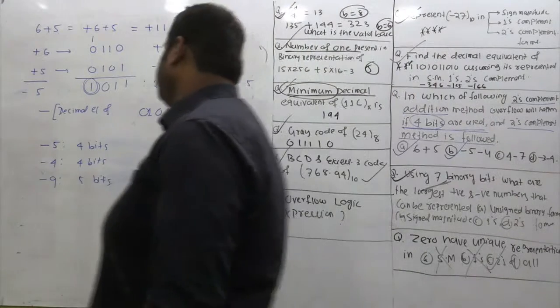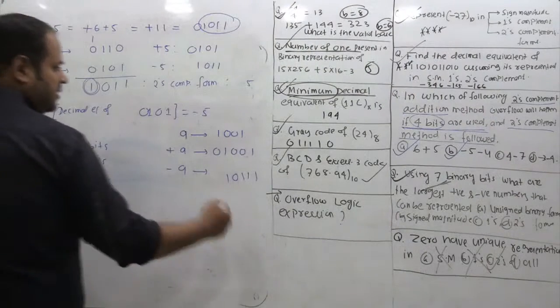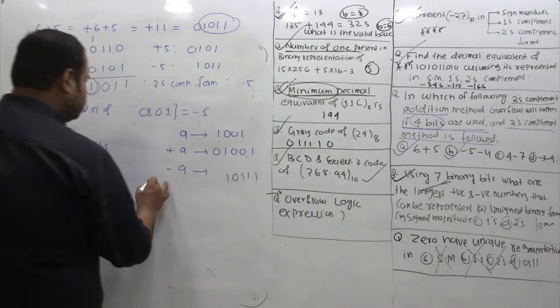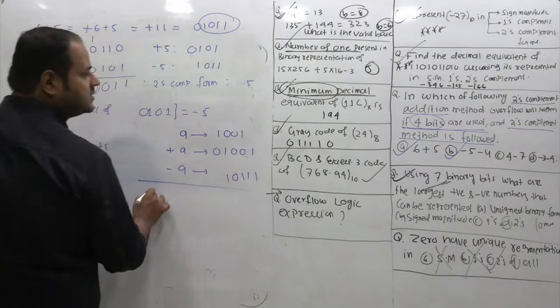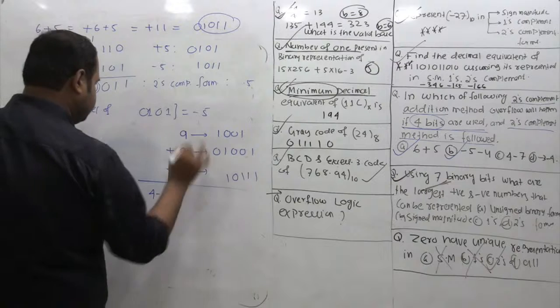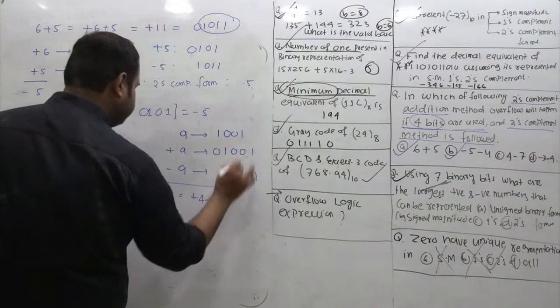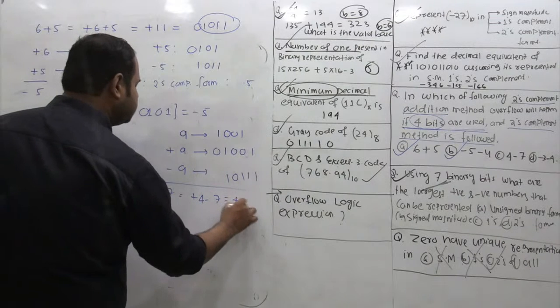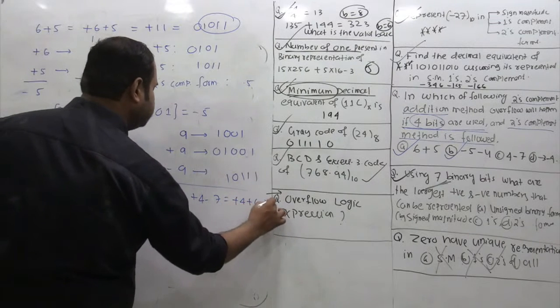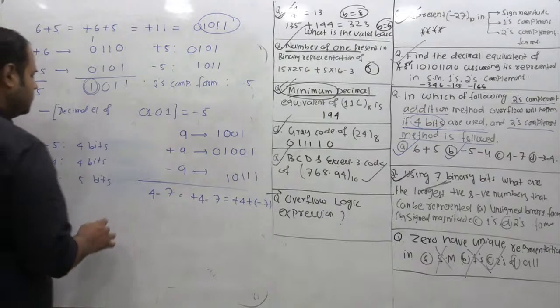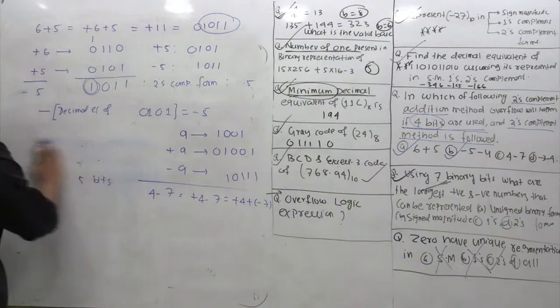But what about the remaining 2 options? The next option is 4 minus 7, which is +4 plus of -7. Now what is +4?